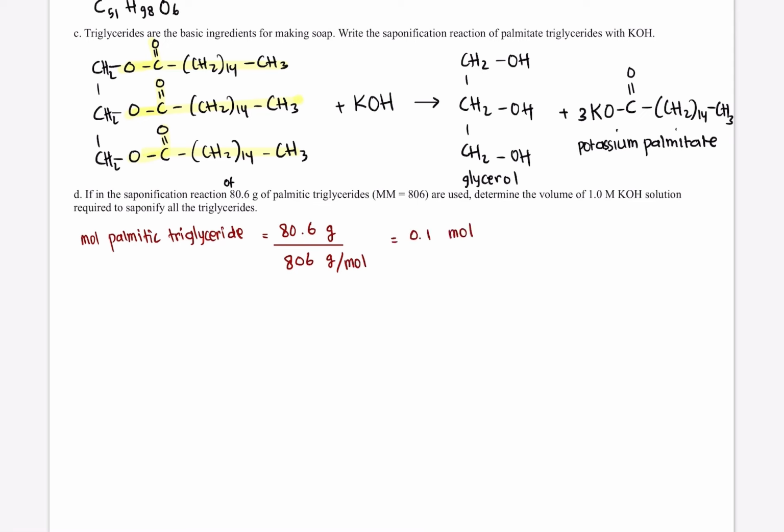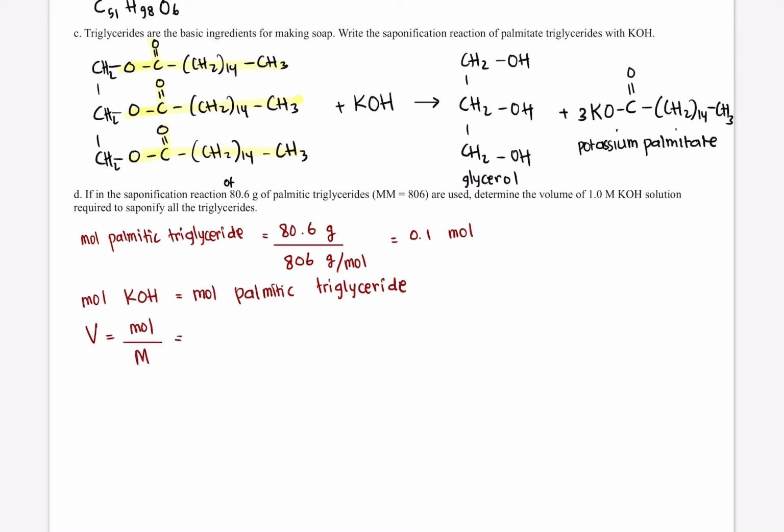And then we know that from the reaction, it is basically a 1-to-1 ratio. So the mole of potassium hydroxide is the same as the mole of the palmitic triglyceride. And if you want to calculate the volume, that should be mole divided by the molarity.